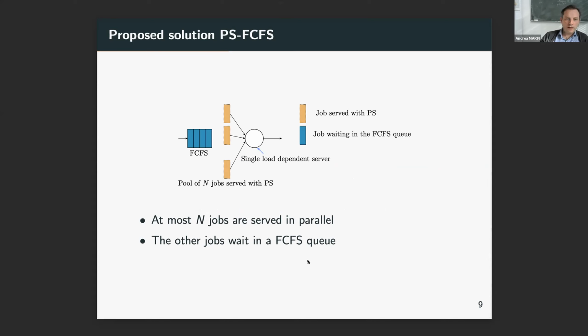We propose a scheduling in which you have at most n jobs in parallel, and the remaining ones are in first come, first served discipline. This is not a new idea. To the best of our knowledge, it's the first time that it's been modeled and studied. But for example, Apache works exactly like this. You have a maximum number of forks that can be done, and the remaining requests wait in first come, first served discipline.